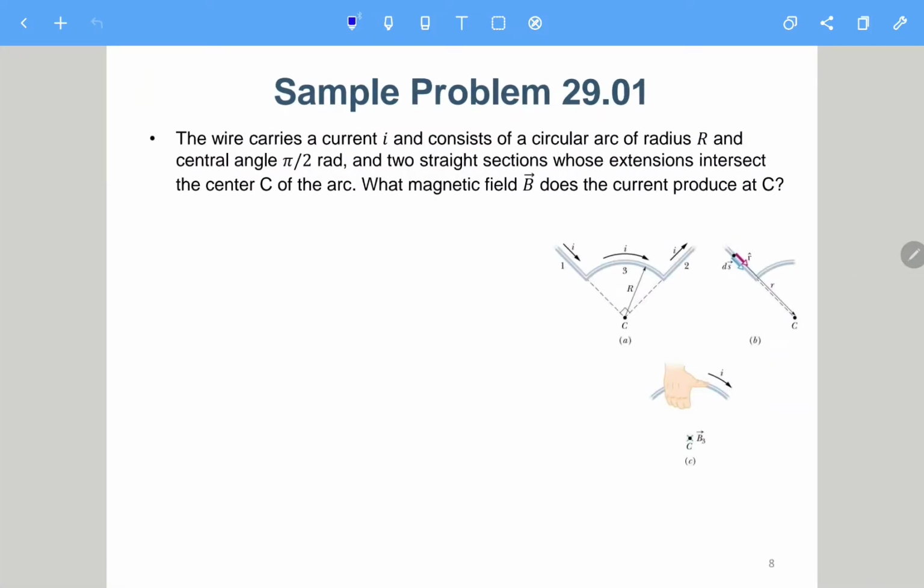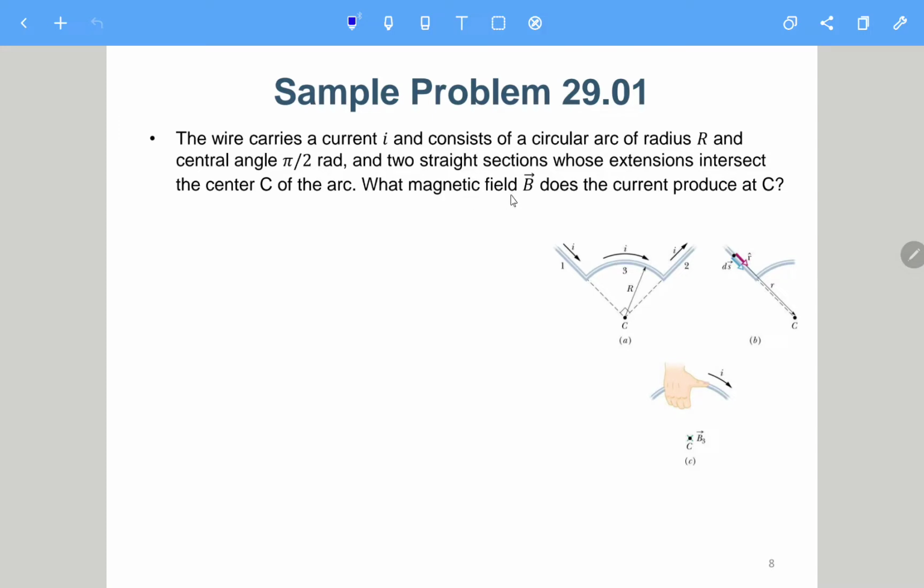Okay, so let's take a look at this sample problem. The wire carries a current I and consists of a circular arc of radius r and central angle pi over 2 radian, and two straight sections whose extension intersect with the center C on the arc.